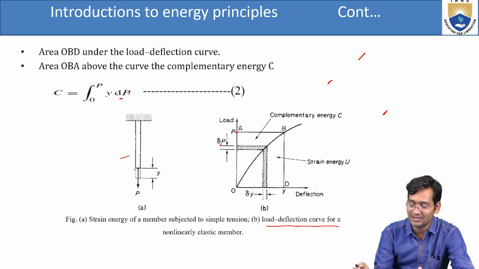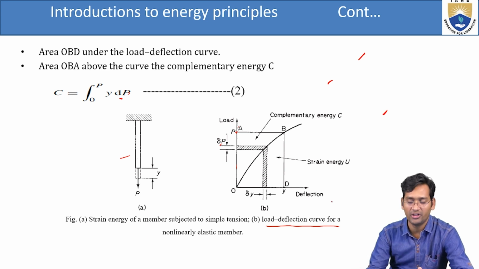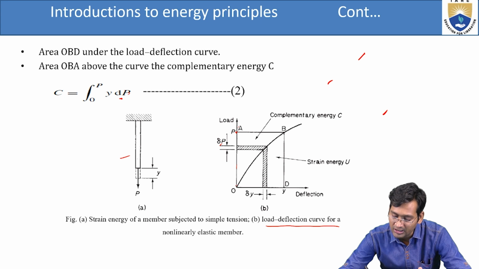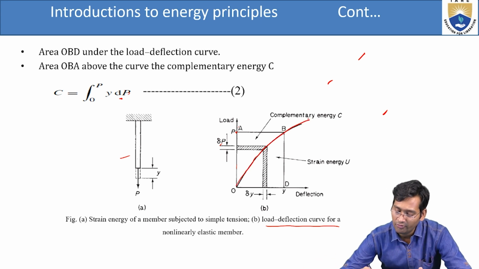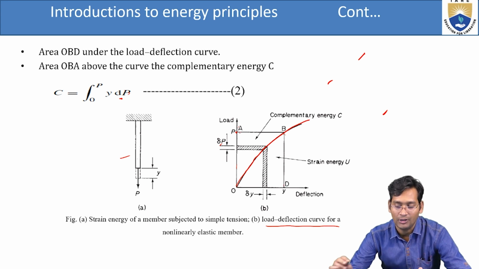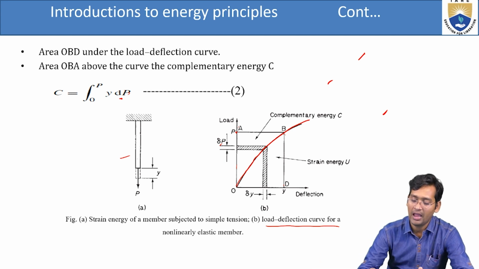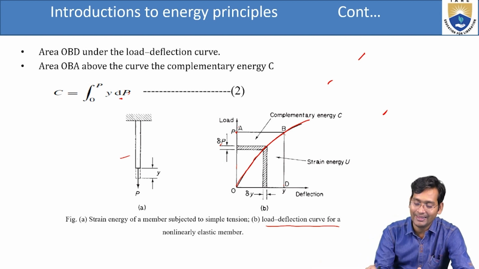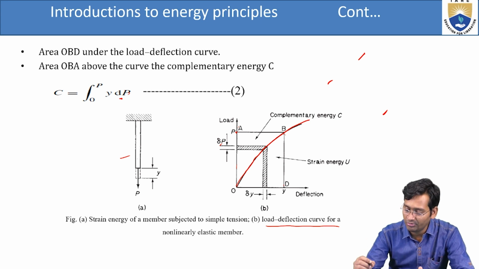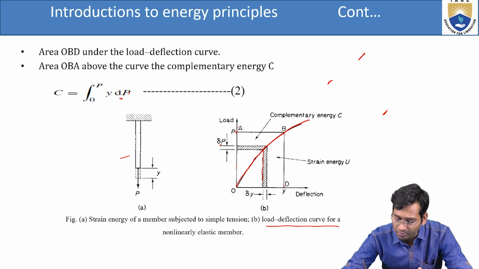Right. So now if you see the curve, load versus deflection, this is the non-linear elastic material, which is a curve. In that, what happened? OBD and OBA. So OBD we considered as the strain energy, and OBA is the complementary energy. Now what did we do? Here we have taken one strip for strain energy.